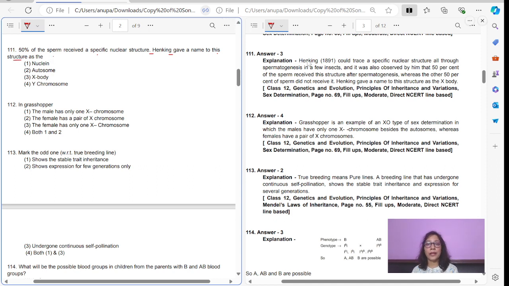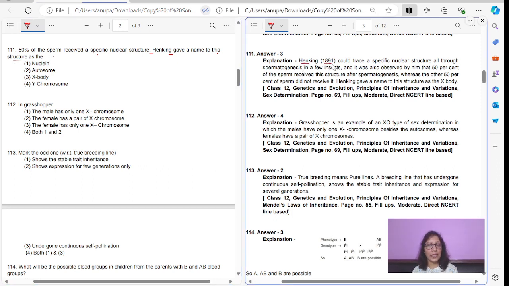It was observed by Henkin in 1891 that a specific nuclear structure can be traced all through spermatogenesis in a few insects, and it was also observed by him that 50% of the sperm received this structure, whereas the other 50% sperm did not receive it.